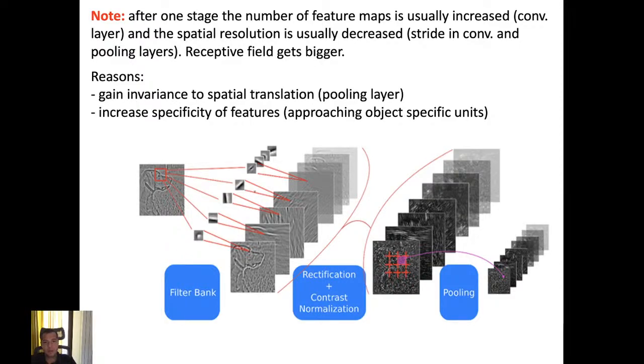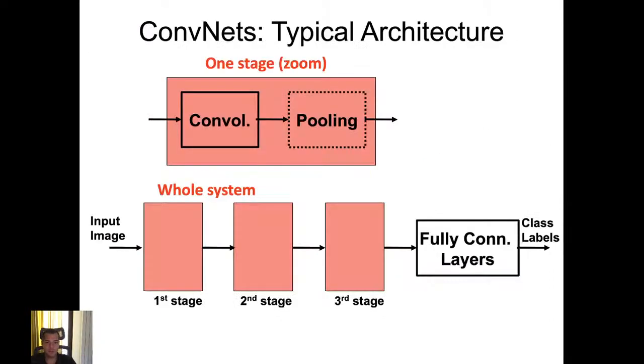Going back to the previous discussion, what I said before is that usually after each stage we increase the number of feature maps and we reduce the spatial resolution, which gives us invariance to spatial translation, rotation, scale, and so on. We also increase the number of features because we increase the specificity of those features.